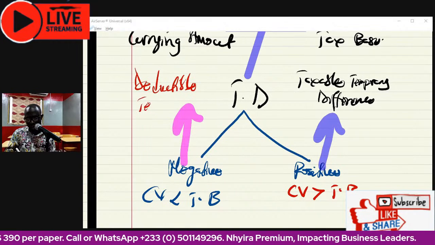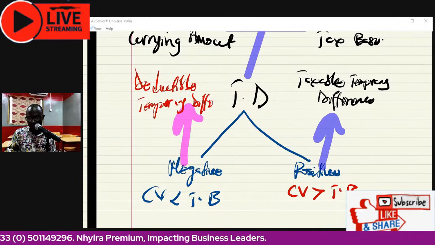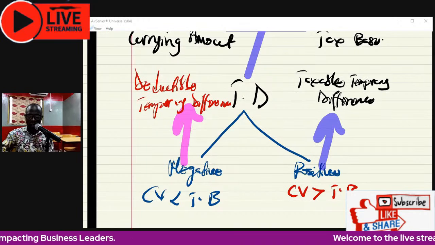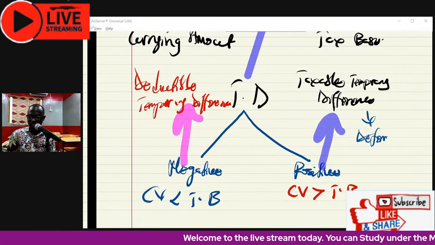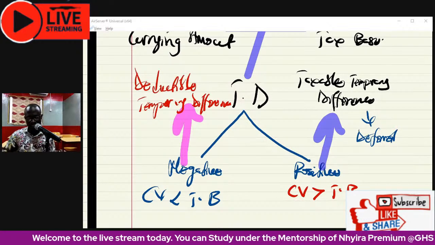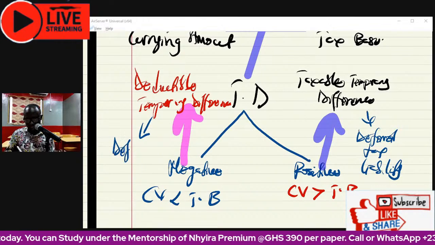Deductible temporary difference. So whilst taxable temporary difference leads to deferred tax liability, deductible temporary difference results into what?